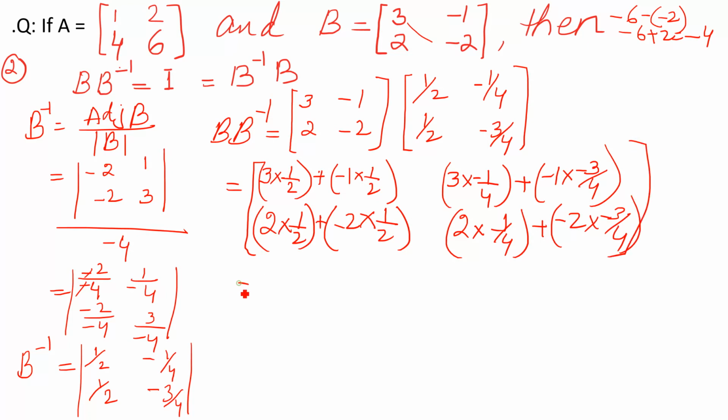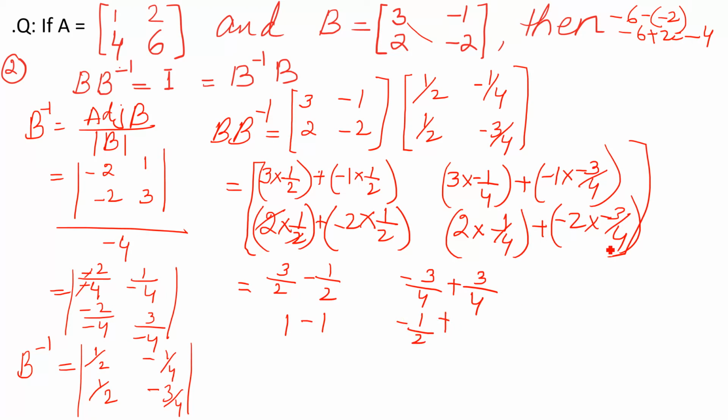And then here, see, it will be equal to 3 over 2 minus 1 over 2, and this will be equal to 1 minus 1. This is negative 3 over 4. This is positive 3 over 4. And this is negative 1 over 2.